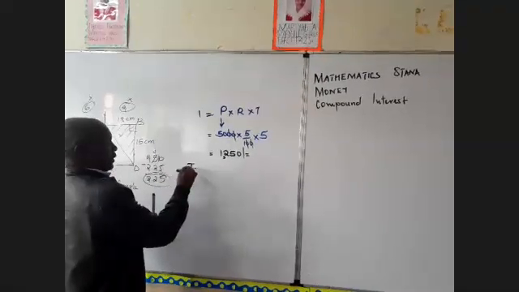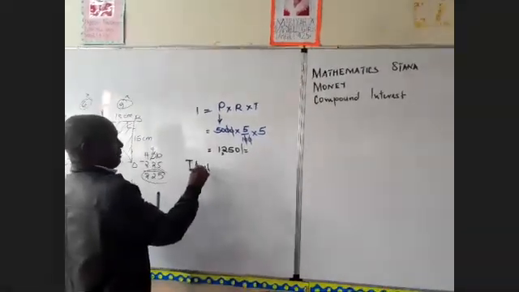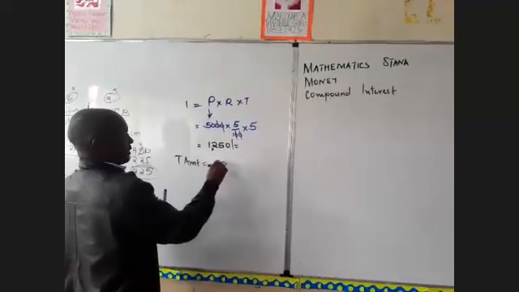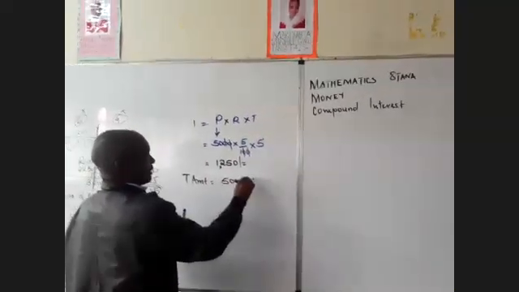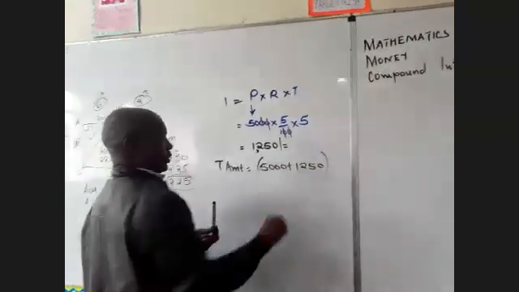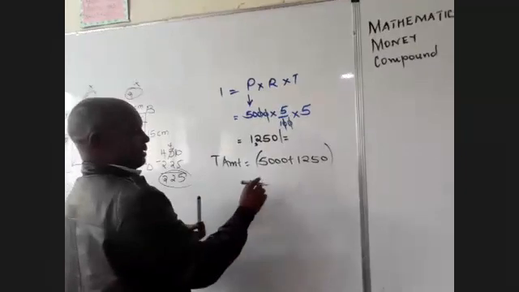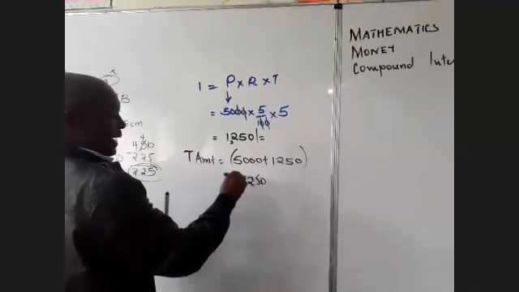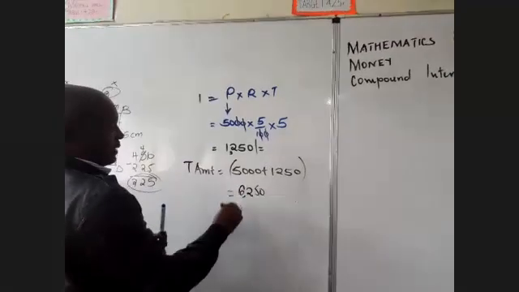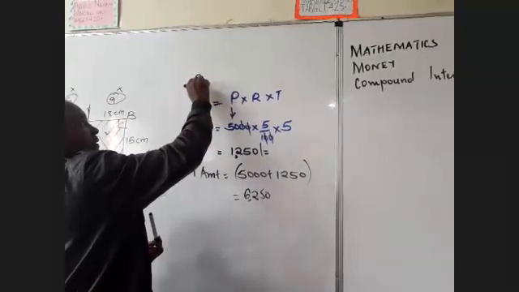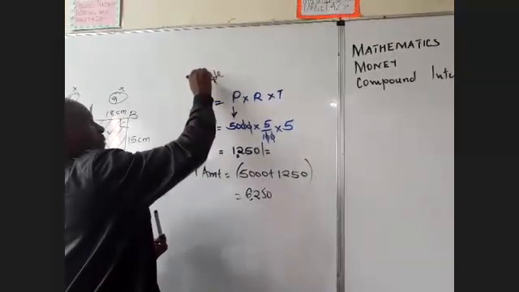But the total amount he's going to pay back will be the money he borrowed, the 5,000, plus the interest earned, 1,250. So the total amount will be 6,250. This is the simple interest.